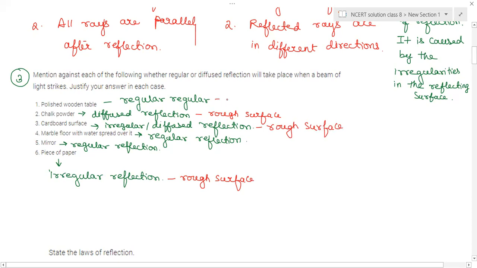Polished wooden table is a polished smooth surface. Smooth surface or polished surface.